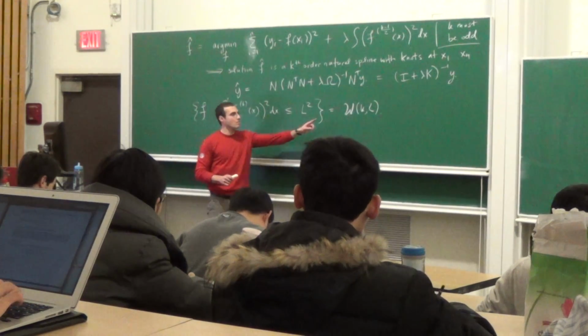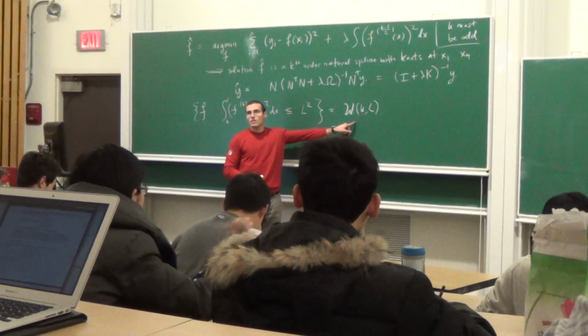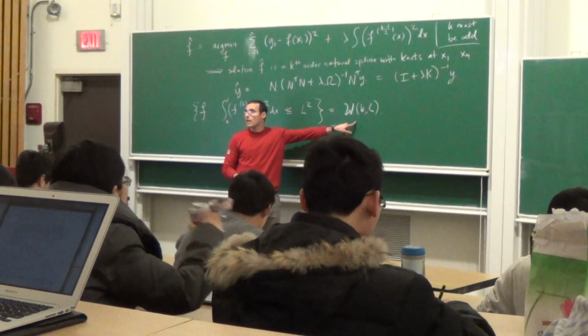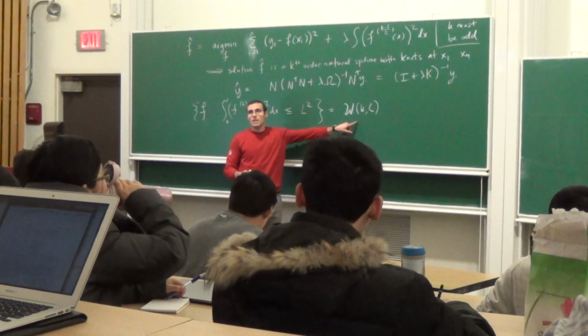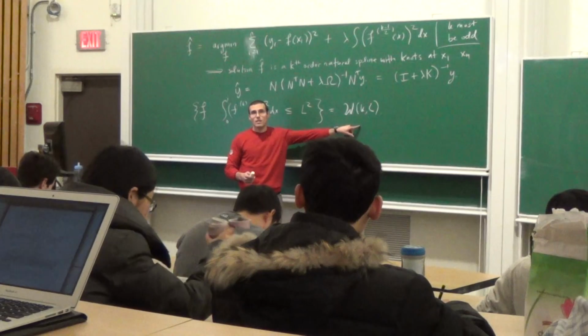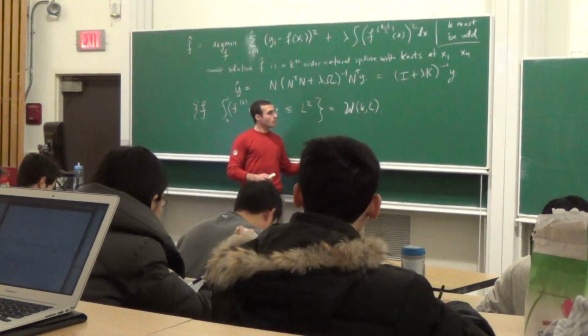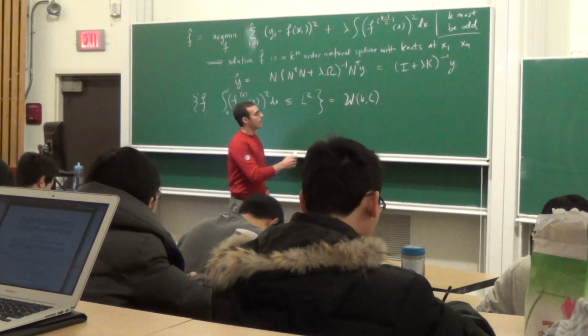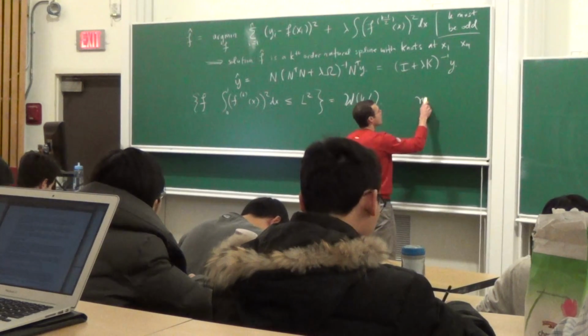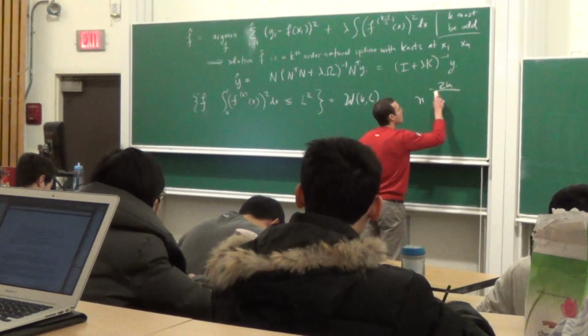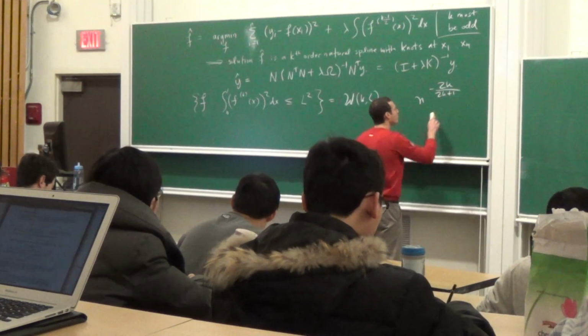You'll see that actually this is bigger. The Holder class of order k with constant L is actually contained in this one. It's not hard to see that. But smoothing splines converge at the same rate, n to the minus 2k over 2k plus 1, over this class.